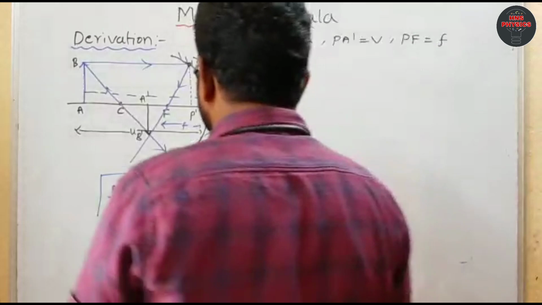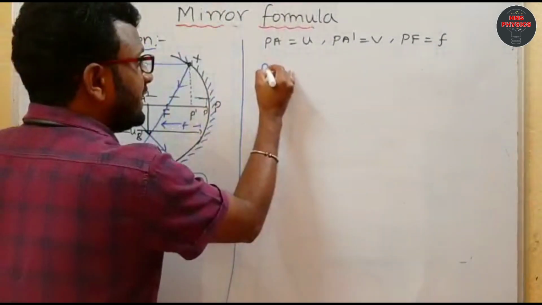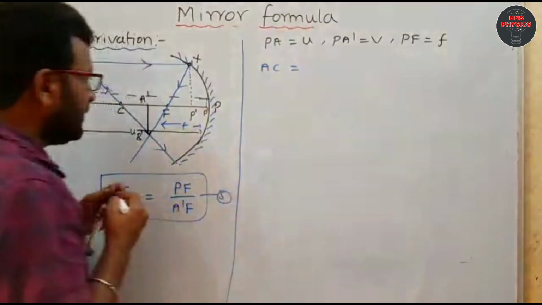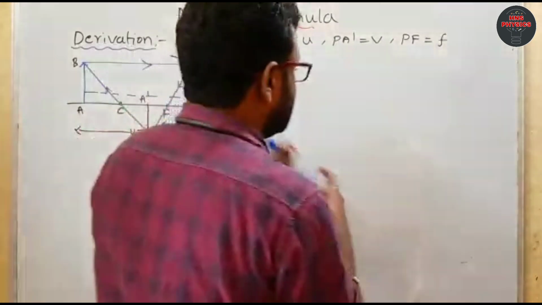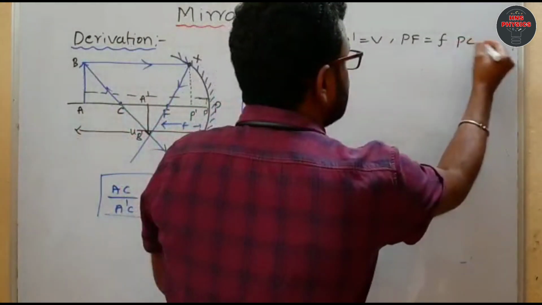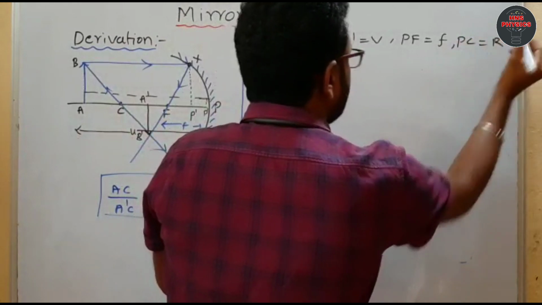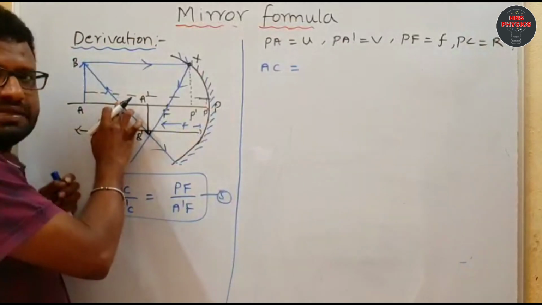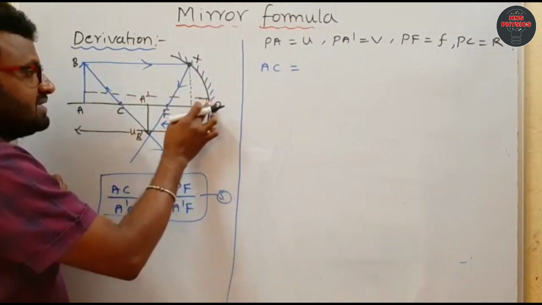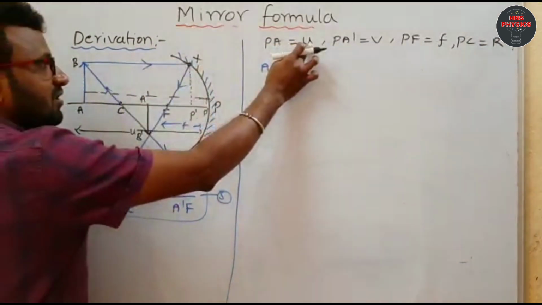Now, from AC equal to, I am going to write PA, and here one more value is there, that is PC. PC is nothing but the radius of curvature. P to C, the distance between pole to center, is called the radius of curvature. The distance between pole to object is called object distance.